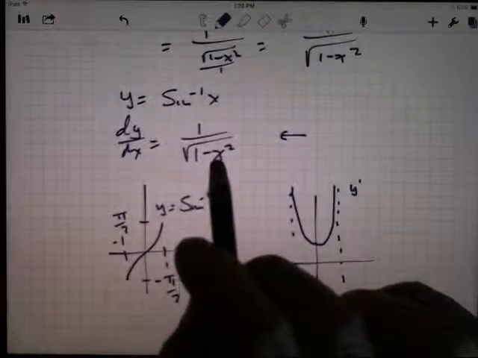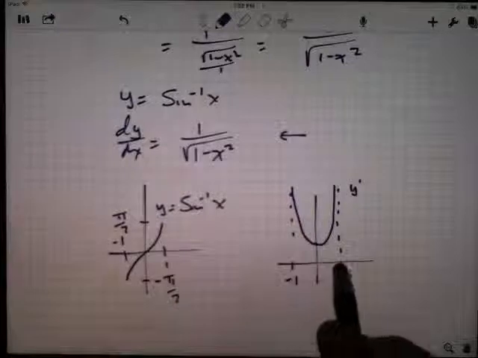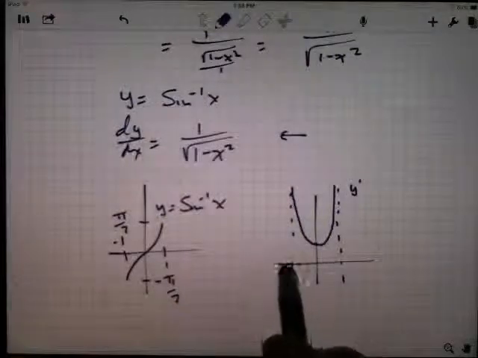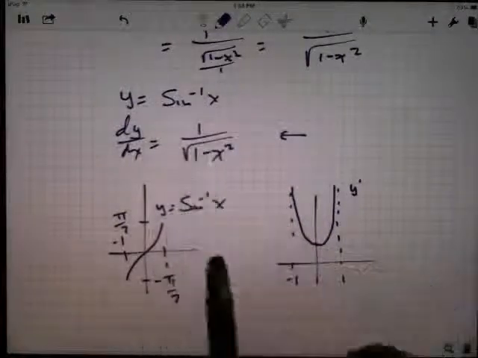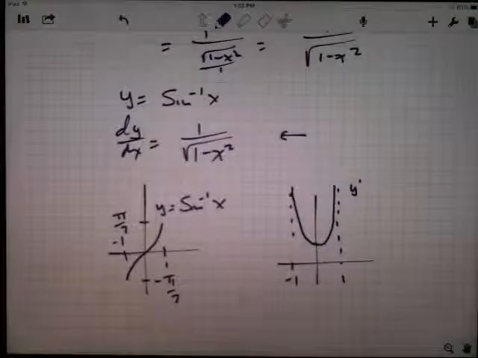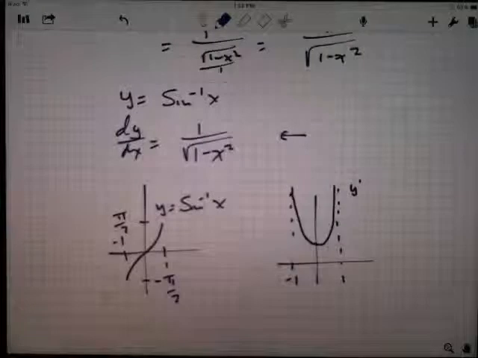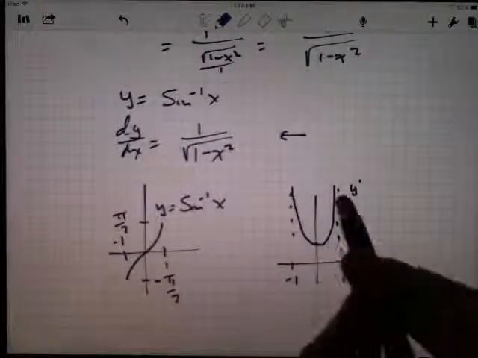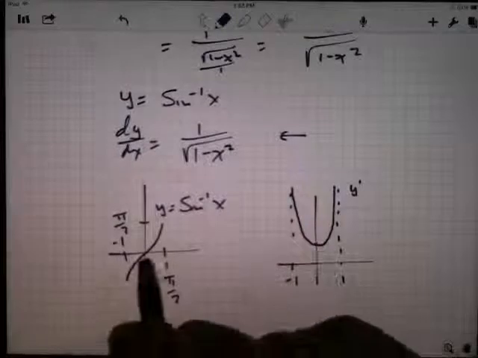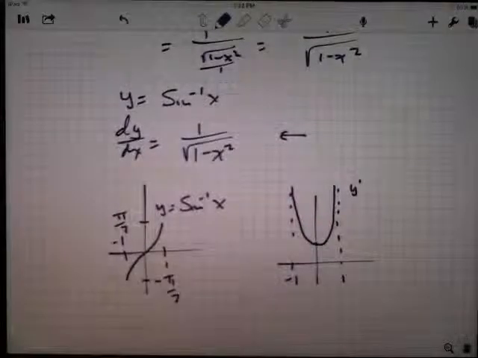And the closer x squared gets to 1, either with x being +1 or x being -1, the closer the denominator gets to 0, and you're bumping up against asymptotes. This function really does nicely describe that shaped graph. That's what the derivative of this function should look like. Okay. Anyway, there you go.